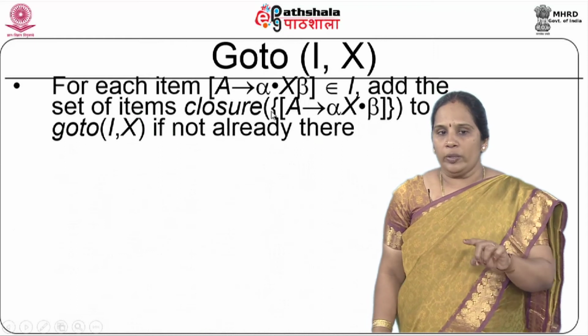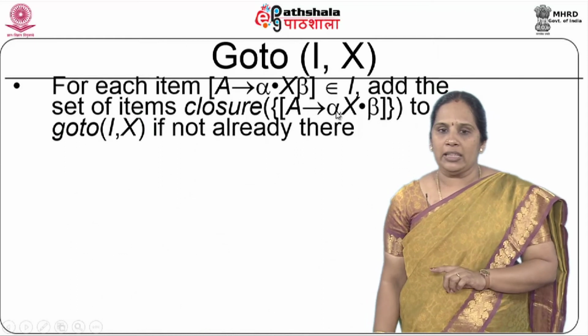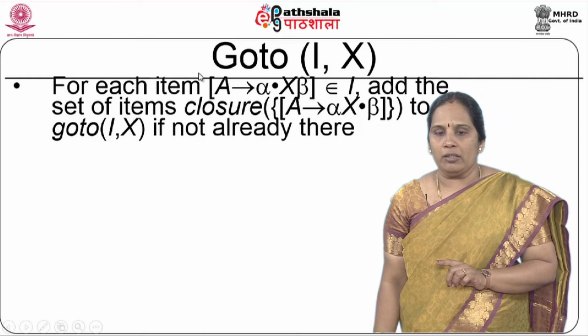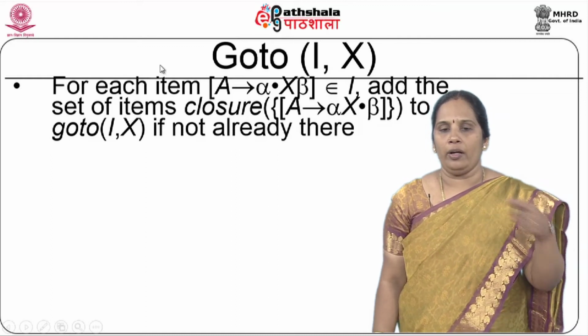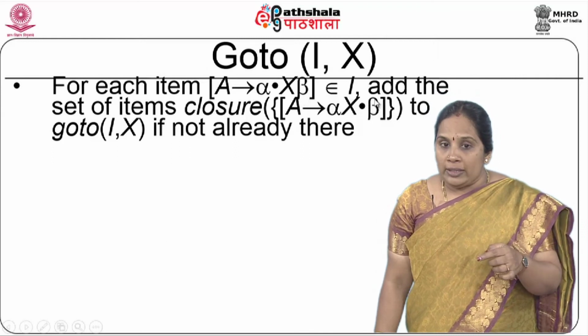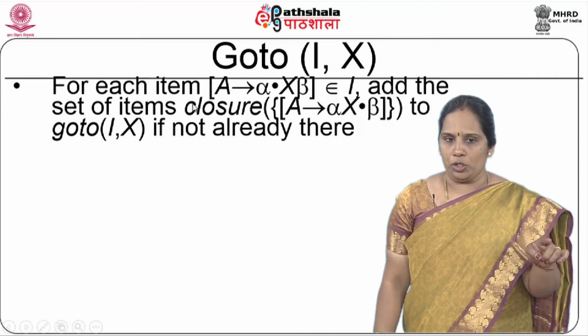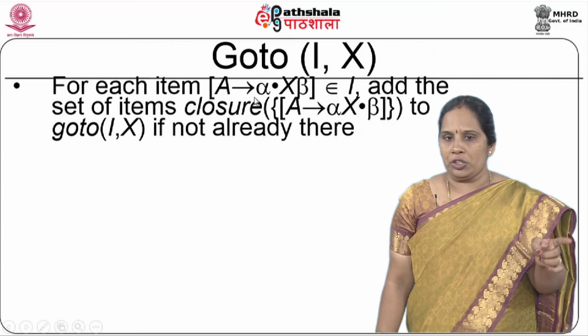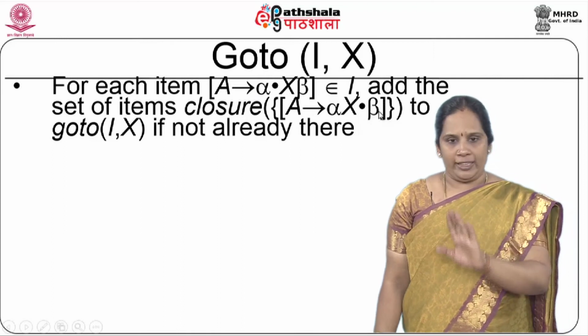Now, to start with, in goto of I comma X, I have to check this goto of I comma X will be some I1 or I2, whatever it is. I have to shift the dot by one position, and with this as an argument, I have to call closure. When I say I am going to call closure, if beta begins with a terminal, I stop there.